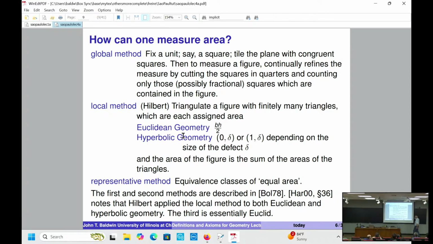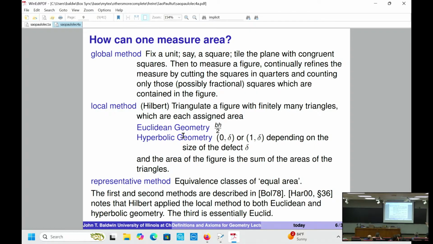And then there's a local method, as I call it, by triangulating, some method of triangulation, where you assign the area of the triangle, so that you can do this in hyperbolic geometry based on something called the defect, which I knew what I meant when I wrote this, but don't know right now. But it's all in Hartshorne.